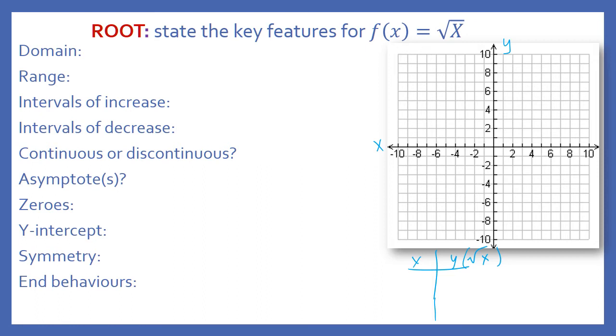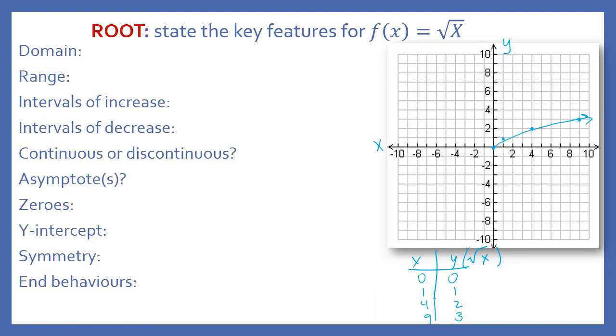So the first nice square root is 0, which square root of 0 is 0, then 1. Square root of 1 is 1. The next nice square root is 4, which has a square root of 2, 9, and 3. If you want to do more, you're welcome to do more. So 0, 0, 1, 1, 4, 2, 9, 3.